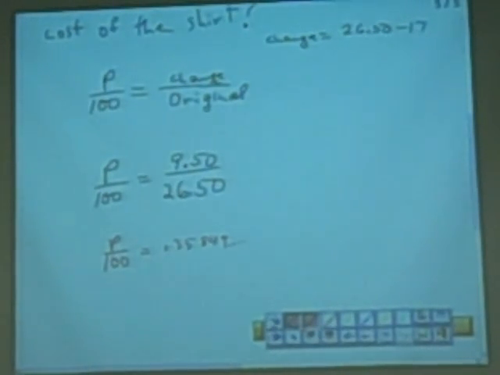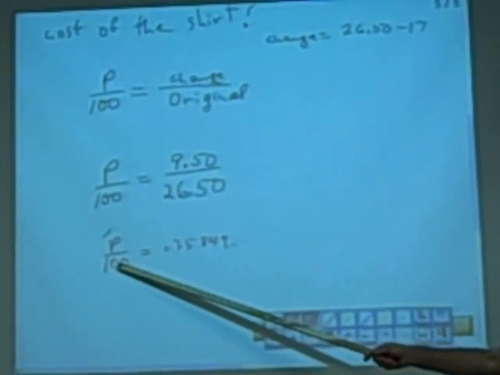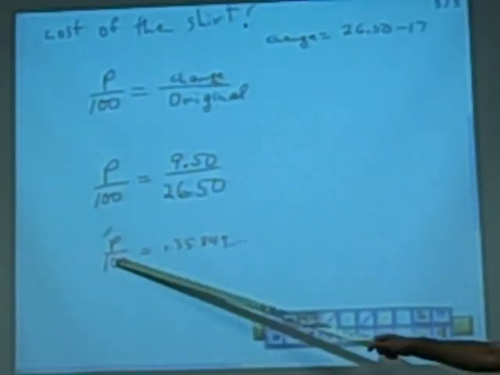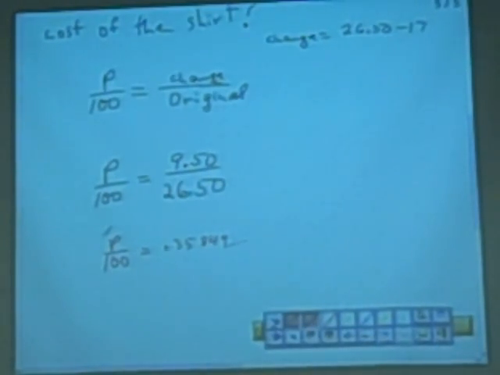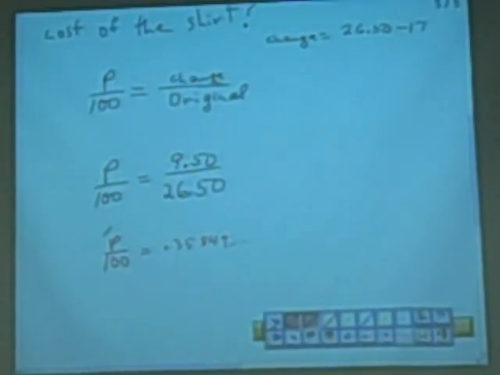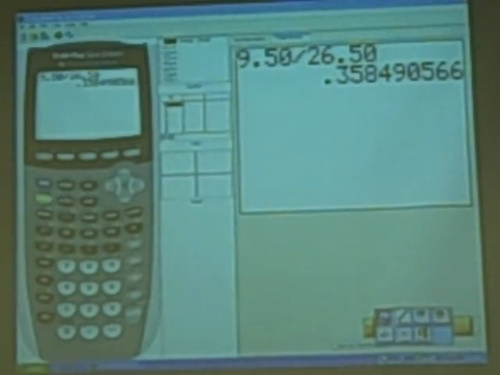So now what do we have to do with that 100 to solve for our percent? Well, multiply, right? Because the 100 is dividing into our unknown, our P. Whether you use P or X, this time I used P, the other times we used X. So we want to multiply by 100 to solve for P. We take what we have on our calculator and hit times 100.